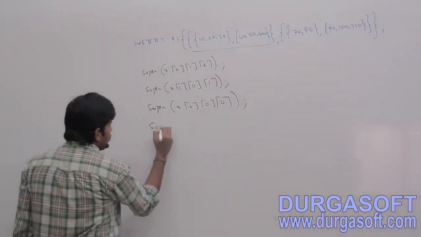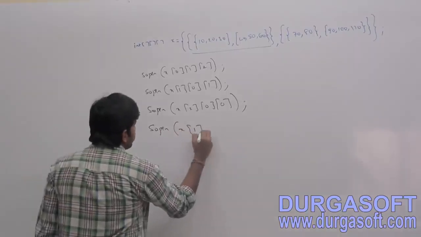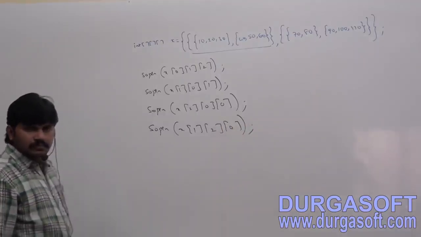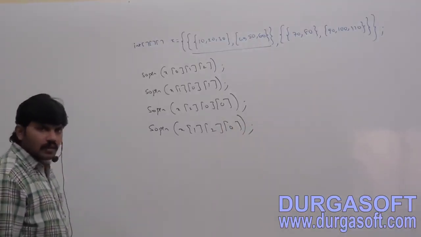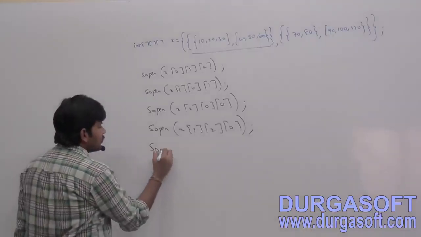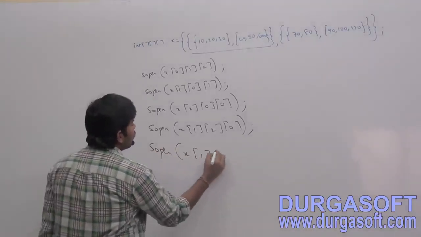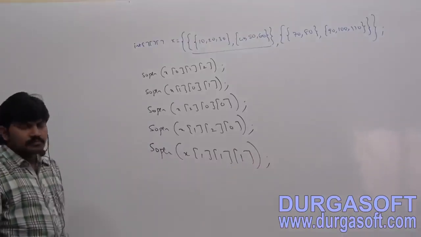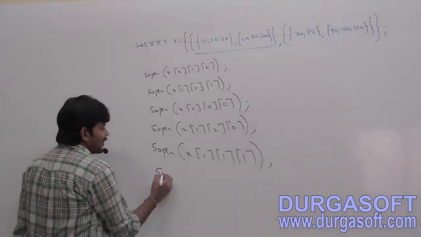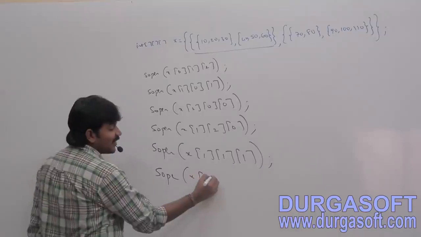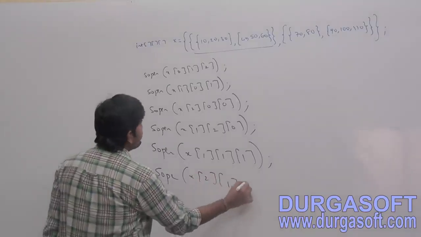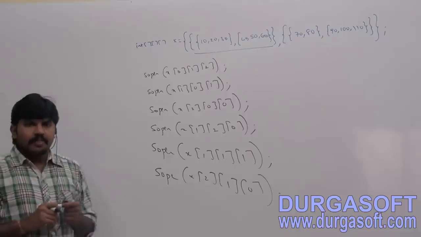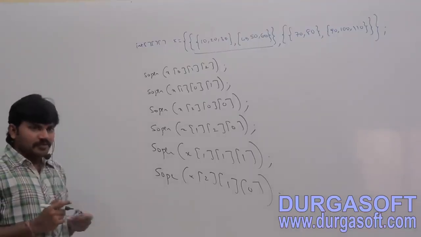Leave it. No problem. SOP of x of 1, 2, 0. What is the answer? SOP of x of 1, 1, 1. What is the answer? SOP of x of 2, 1, 0. What is the answer? Okay. Maybe a chance to ask this type of questions.